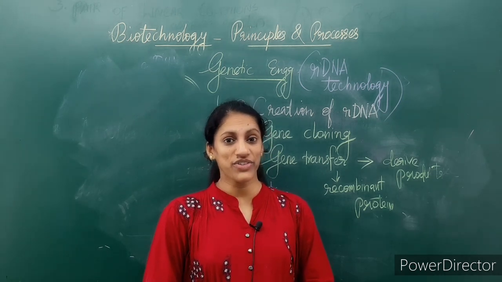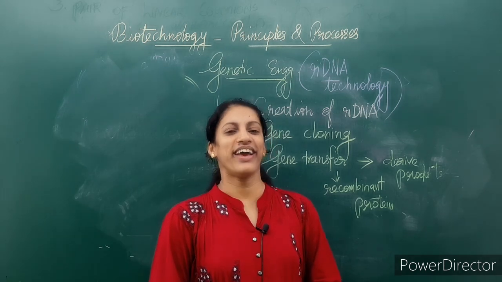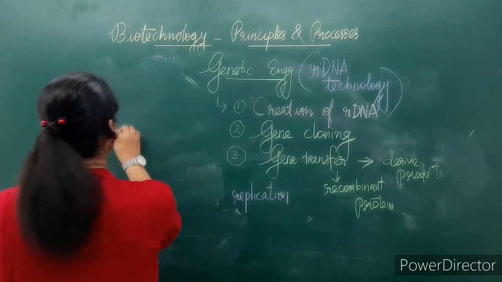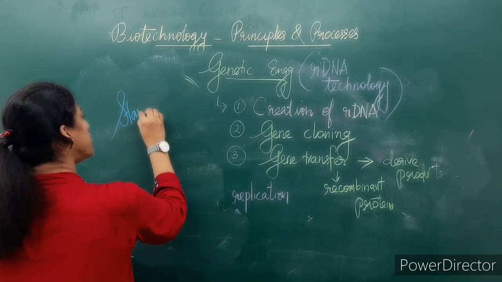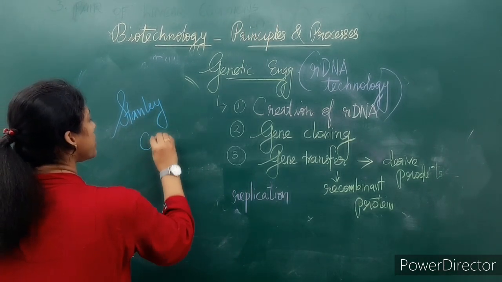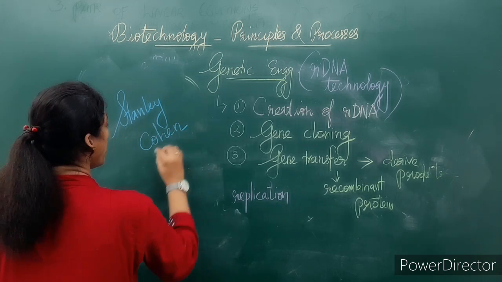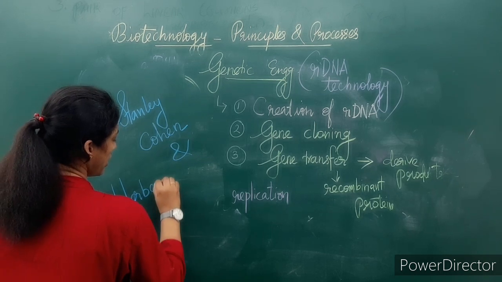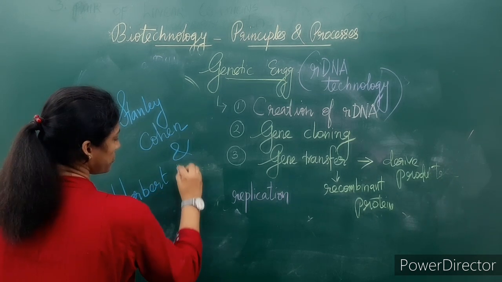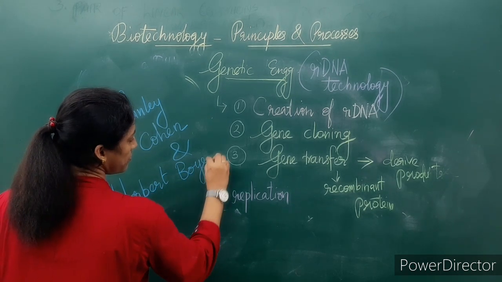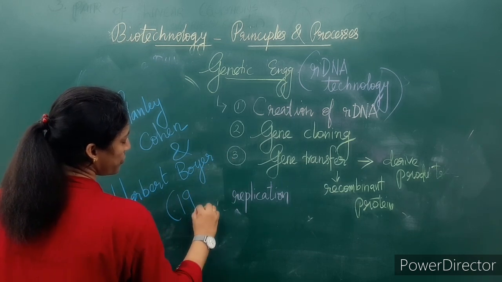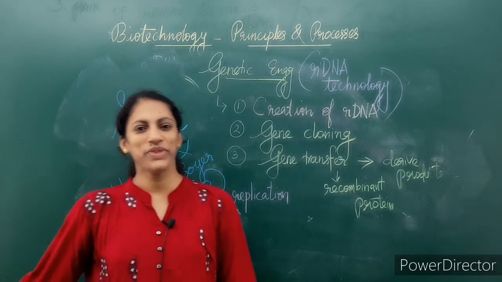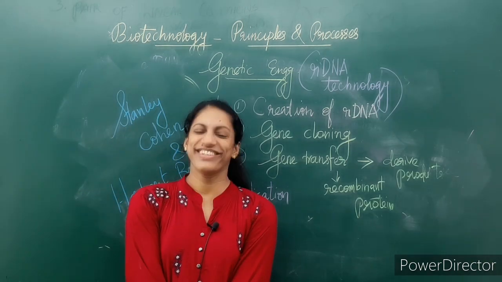These scientists are Stanley Cohen and Herbert Boyer. Students, the first rDNA was developed by Stanley Cohen and Herbert Boyer in 1972. We will discuss it in the next class. Thank you.